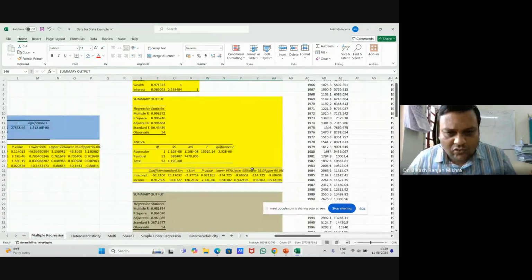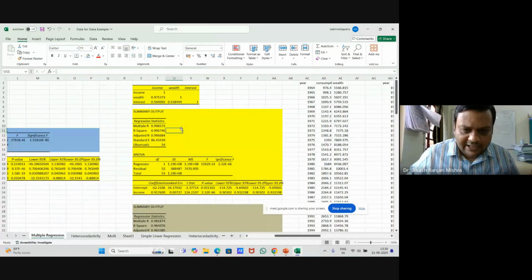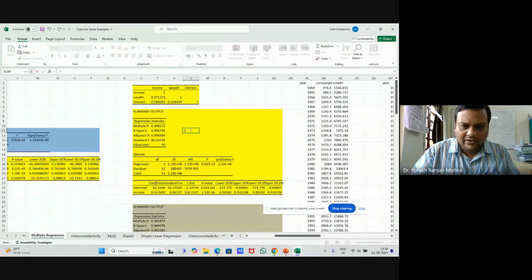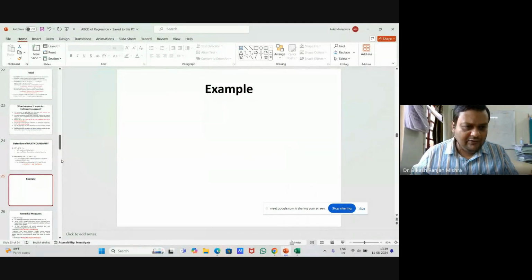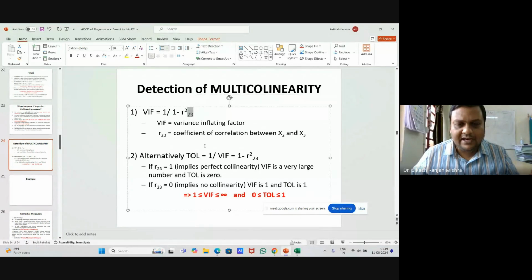Yellow version is for consumption dependent, income independent. This is consumption dependent and wealth independent. And this is for consumption dependent and interest rate independent. So what we need to do is find out the VIF. Wherever there is an R square value, we need to use it, because the formula for VIF is this R square value. Don't concentrate on these 2, 3, because 2, 3 is the combination of the second and third variable. It may be any combination.